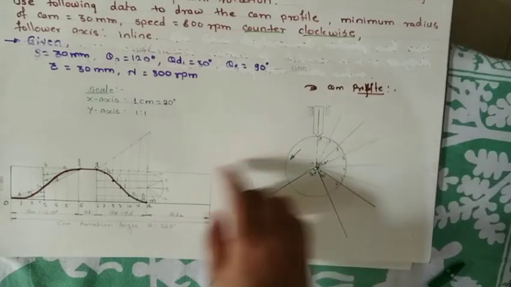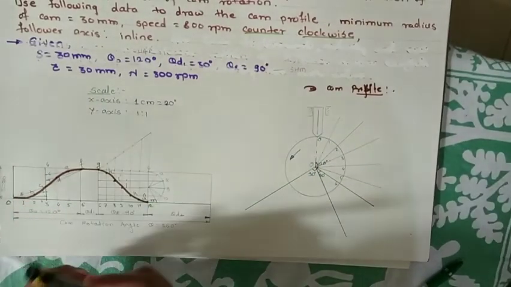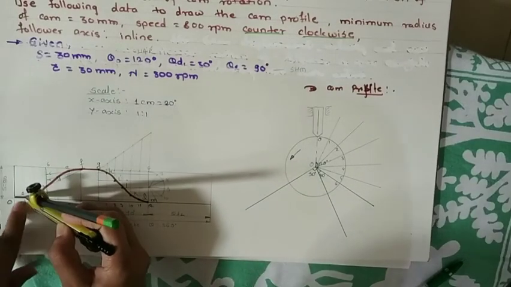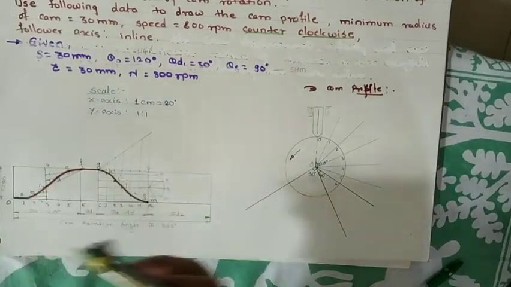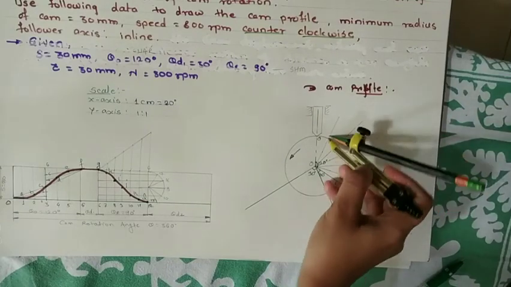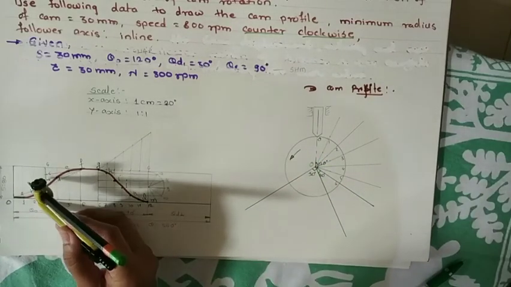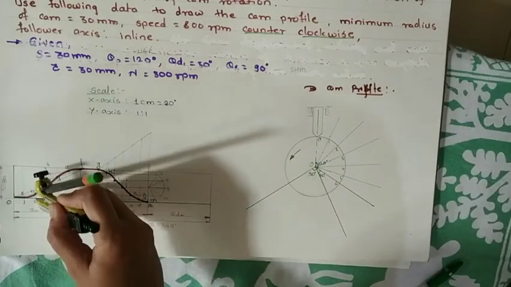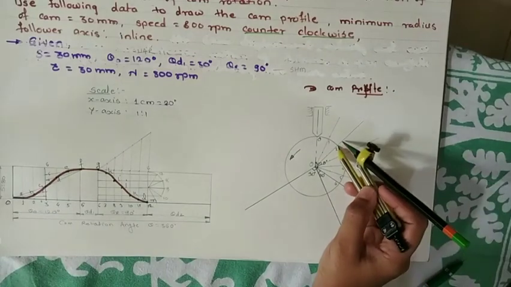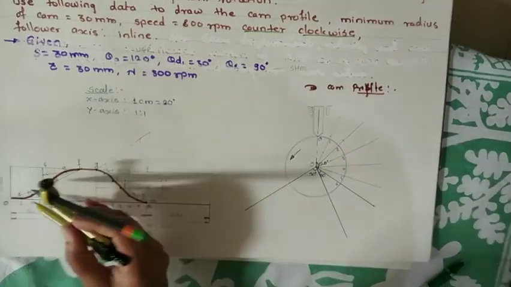From line 1 we are going to mark a point A. So for this point A, take the distance of that point A from the x-axis or baseline. So take that distance, mark point A on line 1. Then similarly take the distance 2 to B, and on line 2 mark point B.